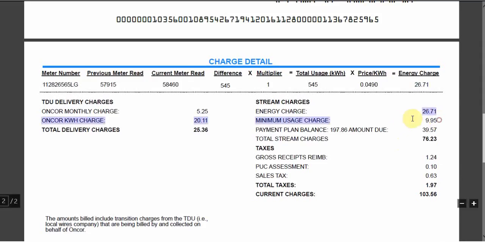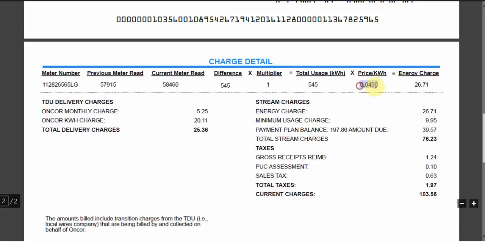You see this $9.95 usage, minimum usage charge on here because I didn't use at least 1,000 kilowatts per hour, okay? Some rate plans have this with some companies, but most companies, instead of them just charging you a $9.95 fee, they increase your rate.